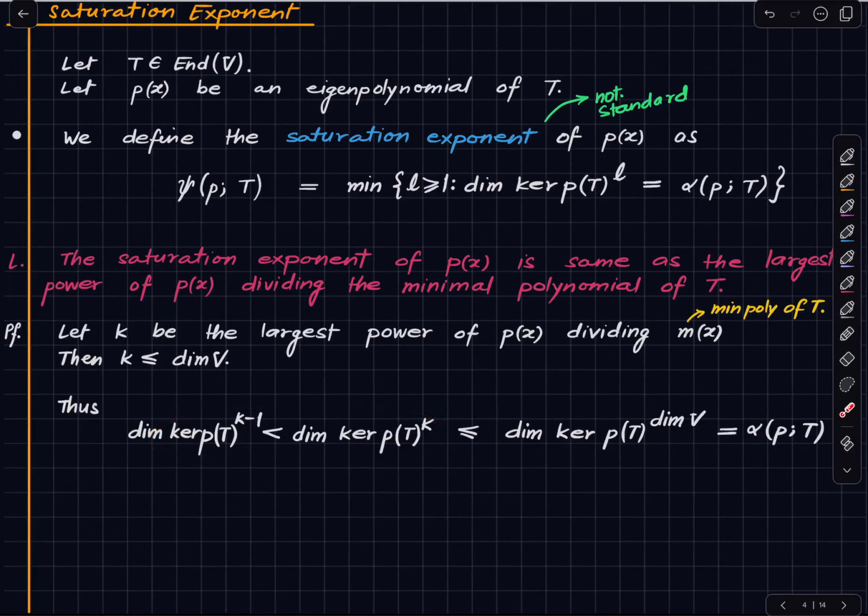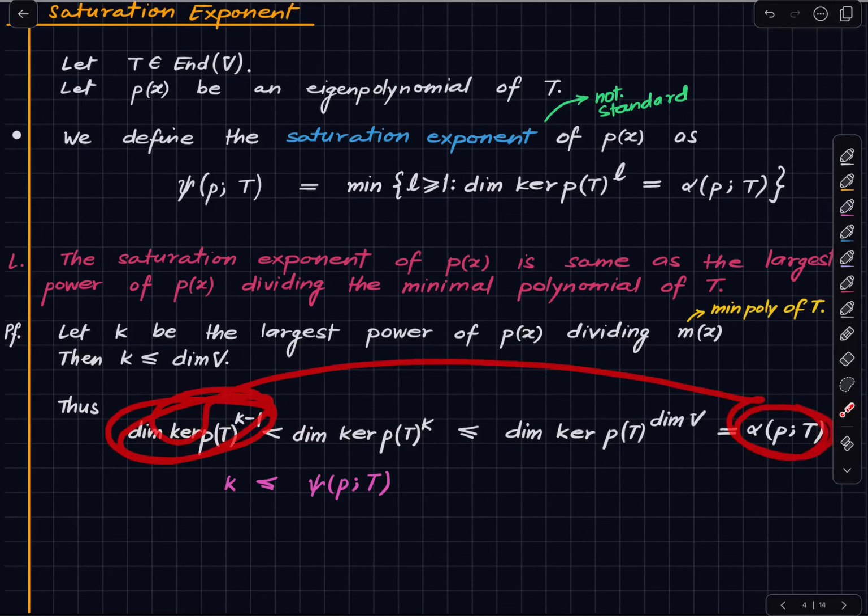Okay, and because of this, we know that the saturation exponent has to be at least k. Saturation hasn't occurred up until the point k minus 1 because there is a strict inequality between this dimension and this number.